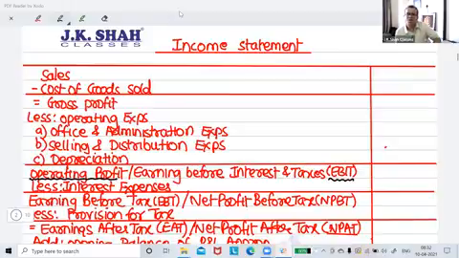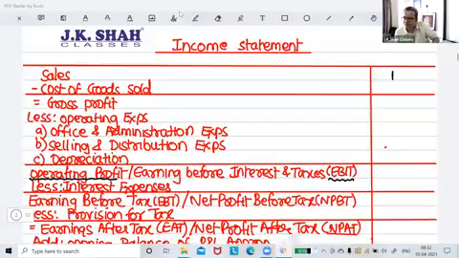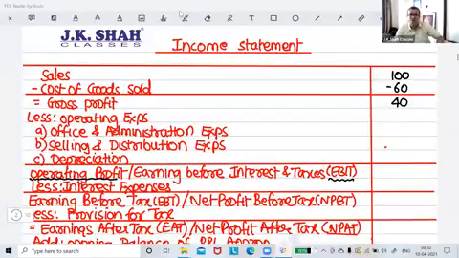Cost of goods sold is 60, so gross profit would be 40. Office and administration expense is 10, selling and distribution expense is also 10, and depreciation is also 10. So total operating expense is 30.